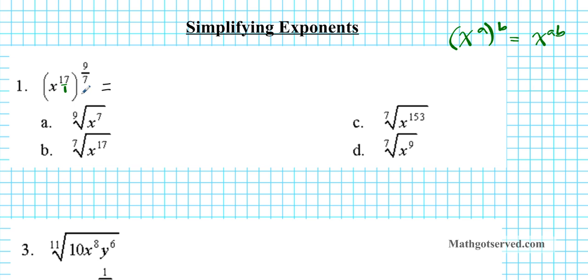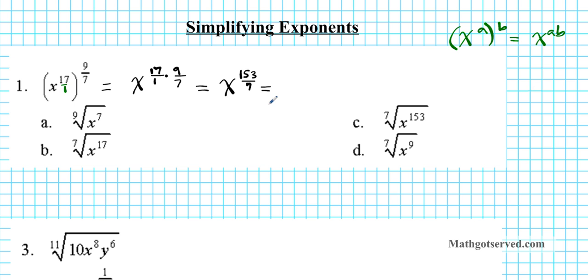Okay, so we'll apply the power of a power property. This is going to be x to the 17 over 1 multiplied by 9 over 7. If you multiply the powers, you're going to have x to the 9 times 17 is 153 over 7.